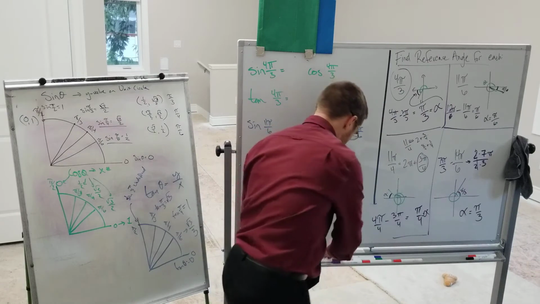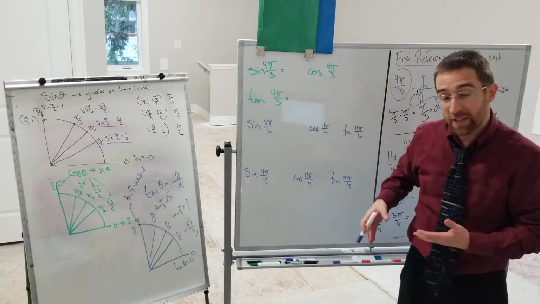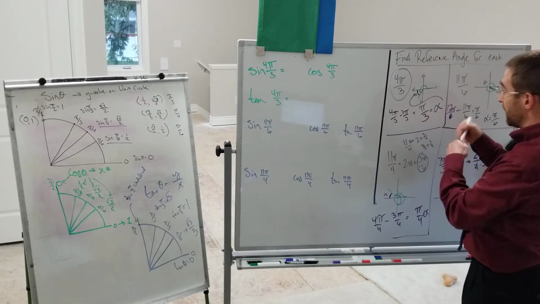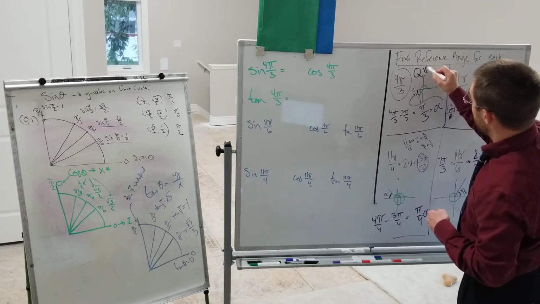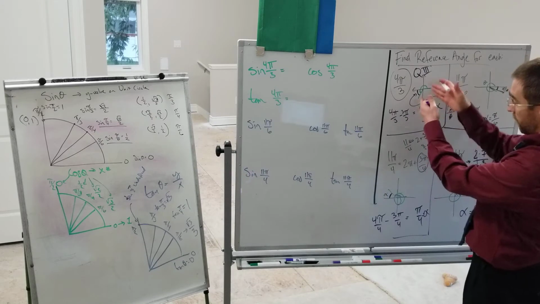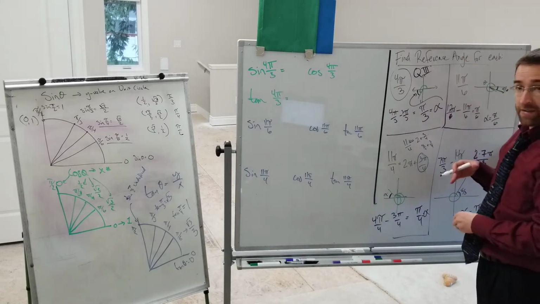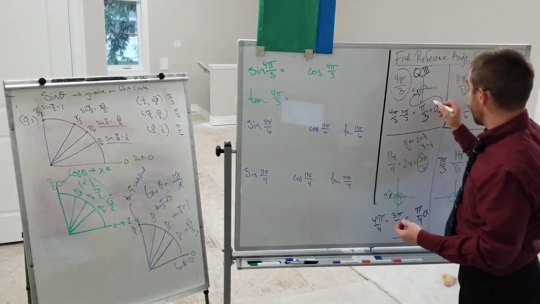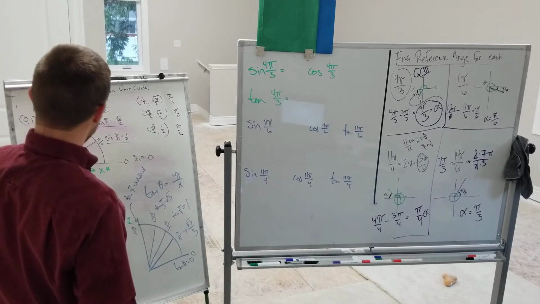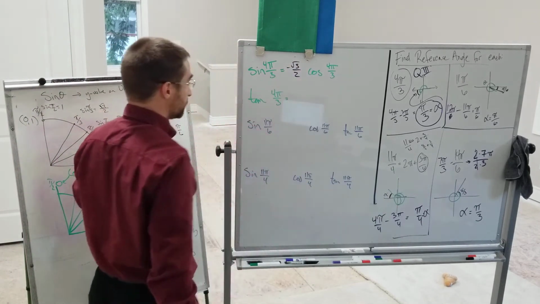All right, so if I want sine, cosine, and tangent of 4 pi over 3, the reference angle is pi over 3, and it's in quadrant 3, right? That means sine is negative, y is negative, cosine's negative, tangent's positive. So I look at my pi over 3: sine is root 3 over 2, but negative root 3 over 2.